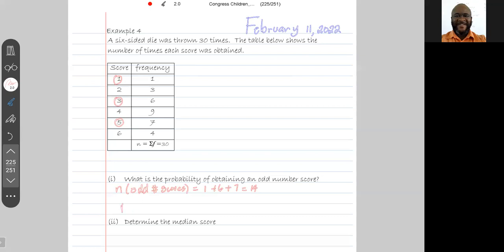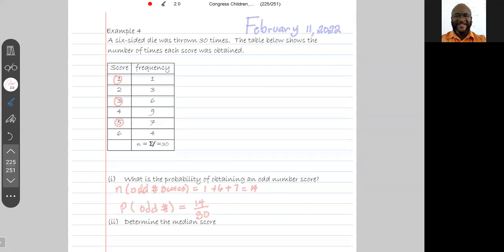So the probability of getting an odd number would be equal to the number of odd numbers, which is 14, over the total number of times the die was rolled, which is 30. So the probability is 14 over 30. And of course, your probability can be written as a fraction. It can also be written as a decimal.